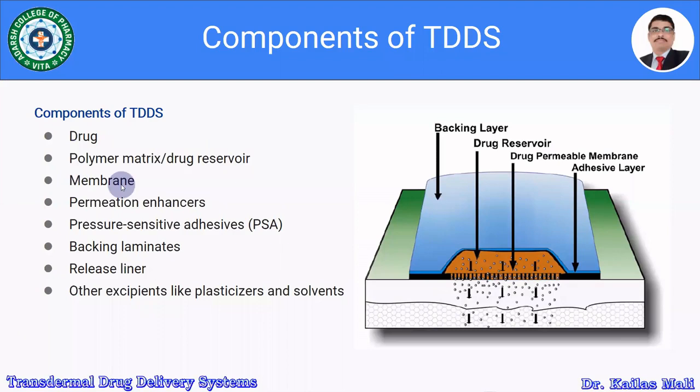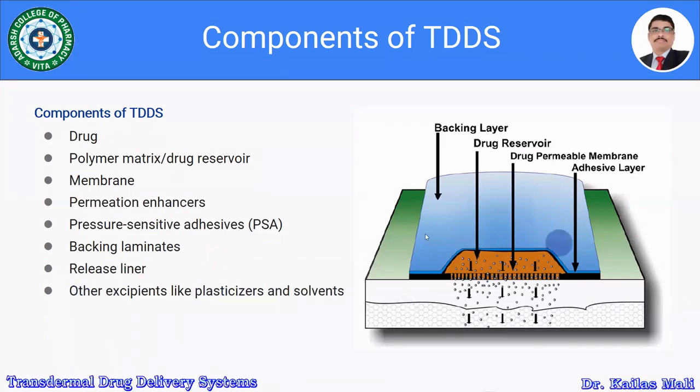Then the membrane, permeation enhancers, and pressure sensitive adhesives, that is PSA. There are also other types of adhesives, but more specifically we are going to discuss the pressure sensitive adhesives. Then backing laminates, release liners, and other excipients like plasticizers and solvents.